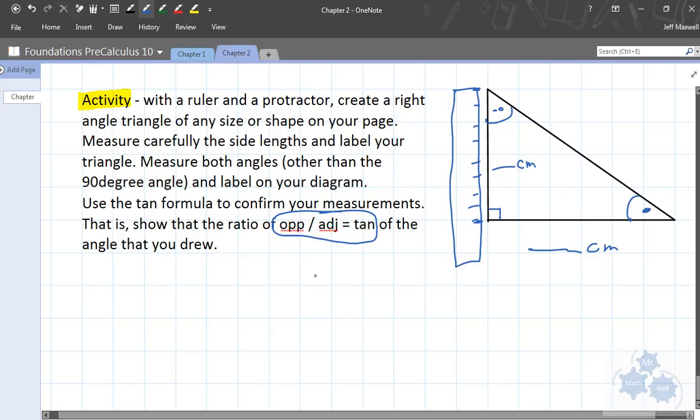You can even use it to find a missing side even though you know both of these sides. So just set it up. Measure your angle and your side lengths and set up your tangent ratio and confirm that the left side is equal to the right side.